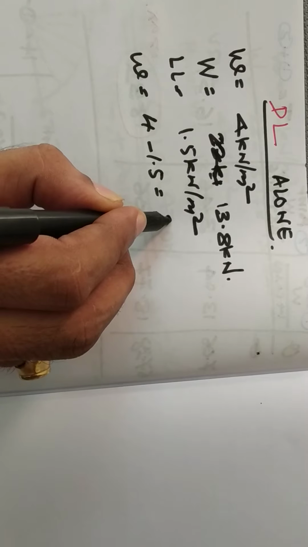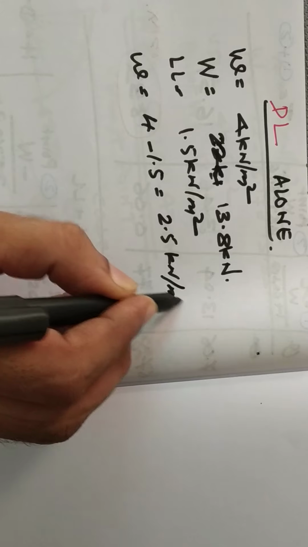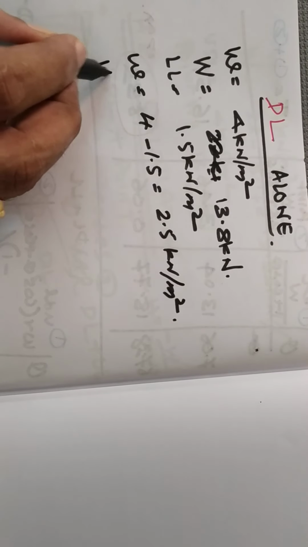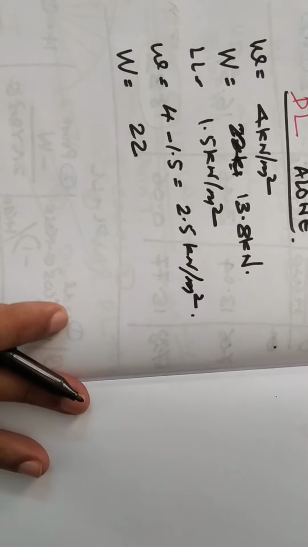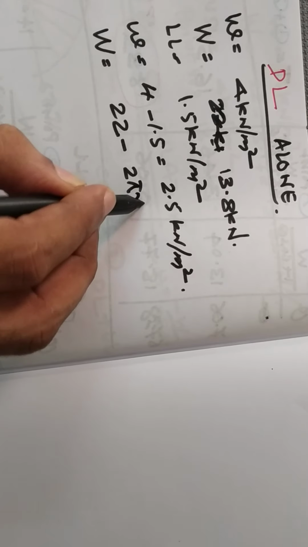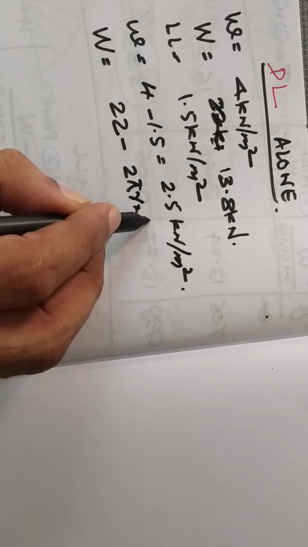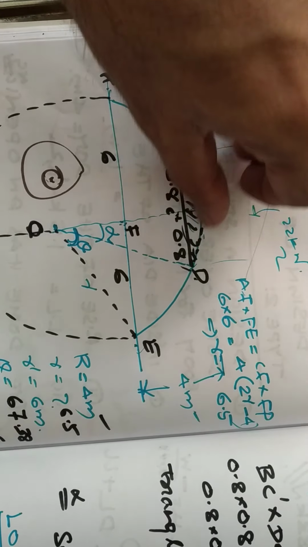This is equal to 2.5 kilonewton per meter square. Okay, and for W, if you remember, initially it was 22, minus, are you remembering? Minus what you did is 2 pi into R into H into w, because that portion is an opening, so we deducted it.